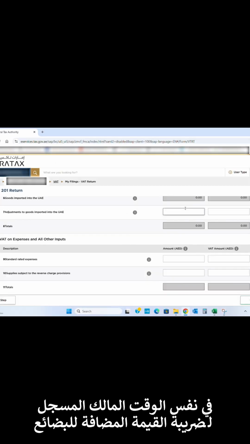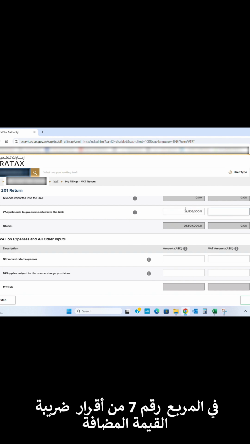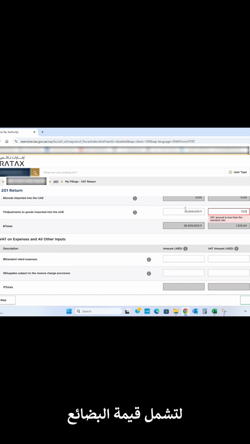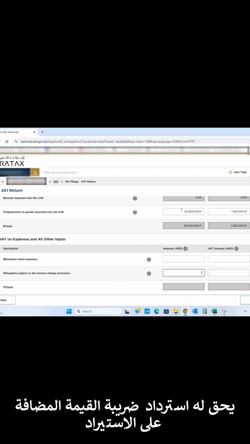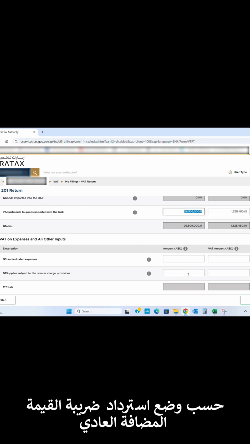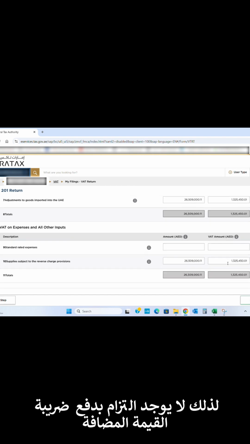At the same time, the VAT registered owner of the goods would be required to make a positive adjustment in box number 7 of the VAT return to include the value of goods imported on its behalf by the importing agent. The owner of goods would be entitled to recover the import VAT as per its normal VAT recovery position. It means placing it in box number 10. Therefore, there is no obligation to pay VAT.